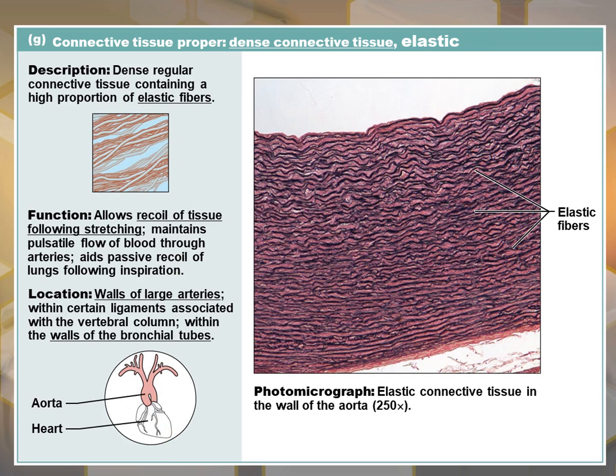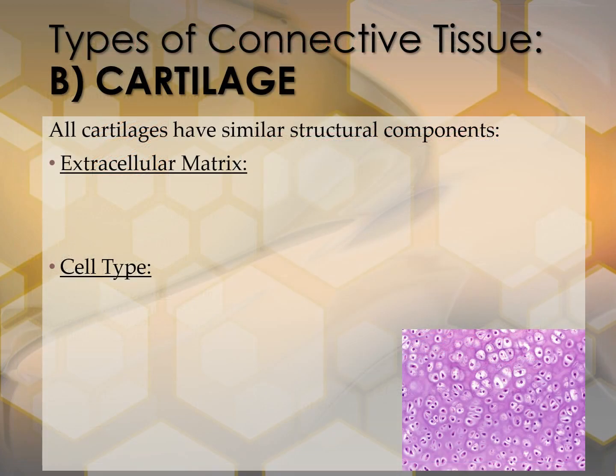You have all this blood pressure being ejected from the heart right into the aorta, so it has to allow for some distension in the walls of those arteries, okay? You also see it in some of the bronchial tubes in the lungs, but really think the aorta and the large arteries, to resist all that blood pressure.